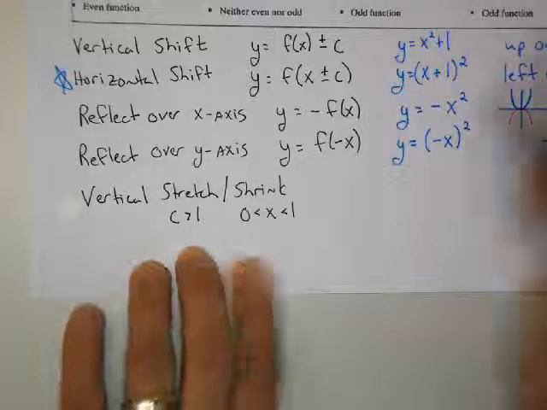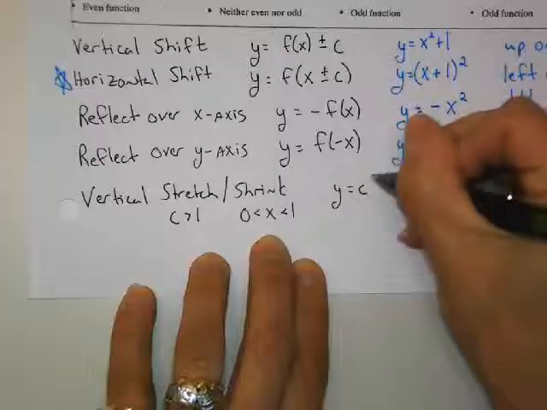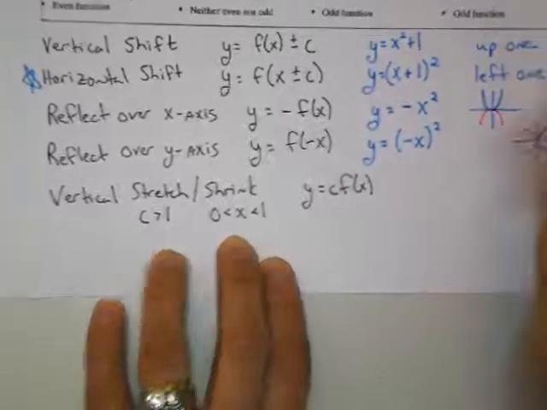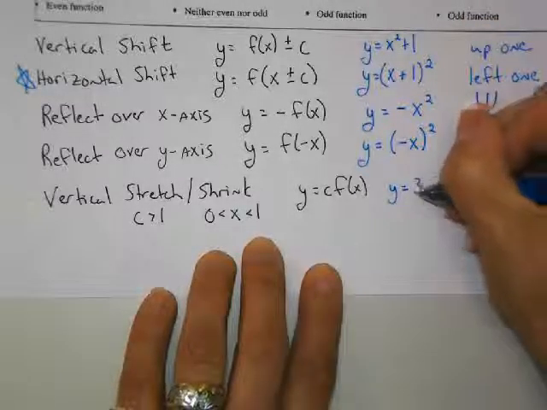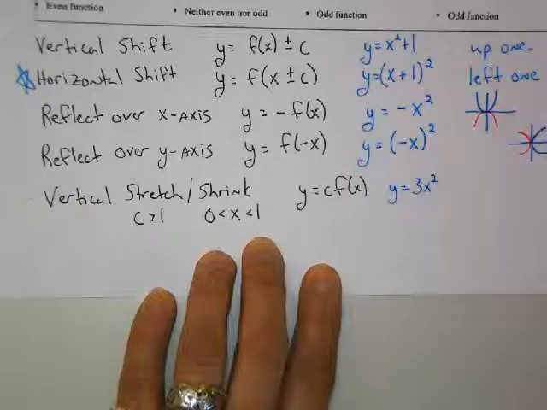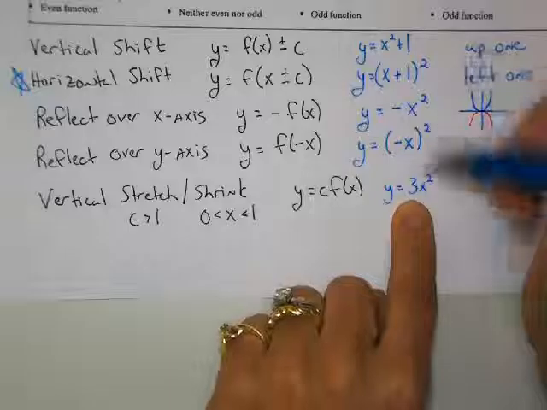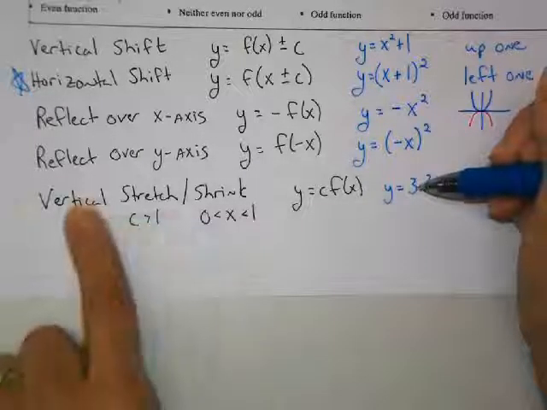So what this is going to look like is y is equal to the constant times the function. Think back to our parent function for a minute. y is equal to 3x squared. This means exactly what you think it means. You're going to multiply by 3, except the only thing we're doing is vertical stretching.